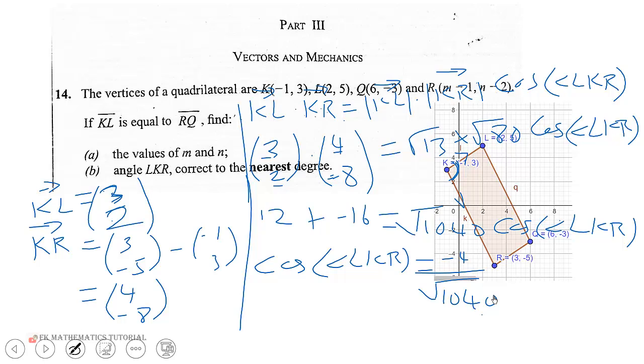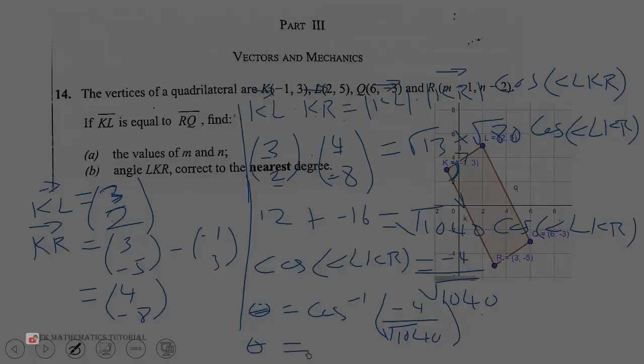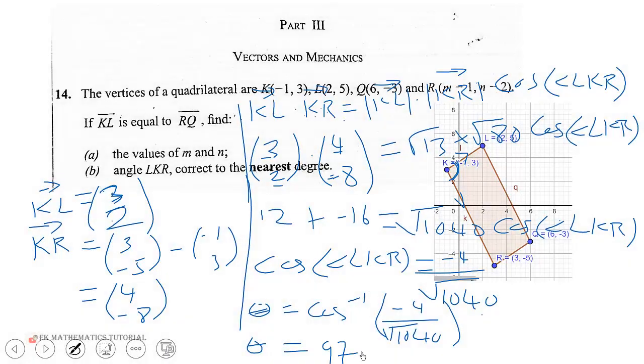So theta will be equal to cos inverse of -4 over square root of 1040. When you evaluate this, you're supposed to get 97.1250. So approximately 97 degrees.